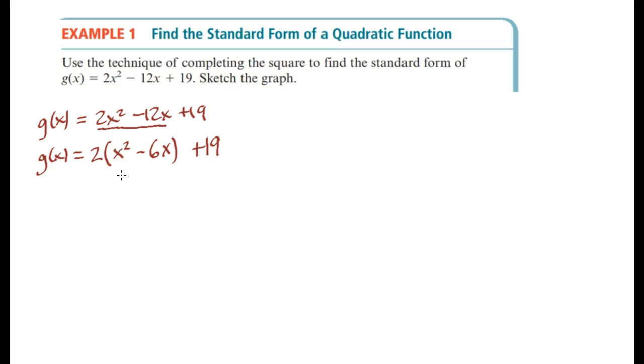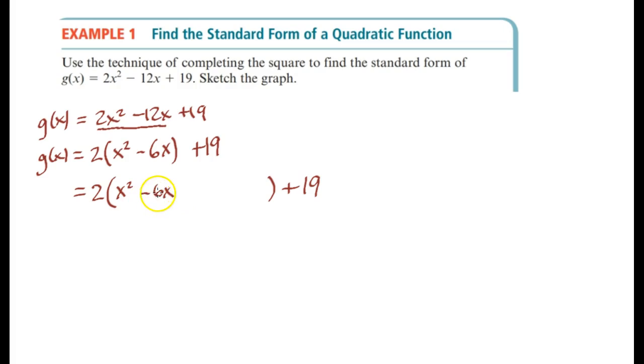And now at this point, we want to do the completing the square step. To do that, we want to leave a little bit of space inside this parenthesis. So x squared minus 6x, then we leave some space, and then we'll put the plus 19 over here. Now the completing the square step all comes down to the x term.